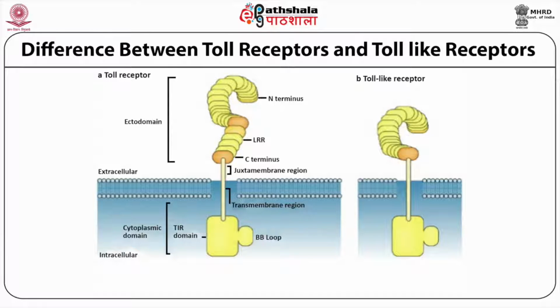The toll receptor has a domain which is called ectodomain, and it has some well-defined structural components. The toll-like receptors have extracellular domains which are a little less complex. As far as the cytoplasmic domain or the transmembrane region is concerned, both classes of the receptors are quite similar.